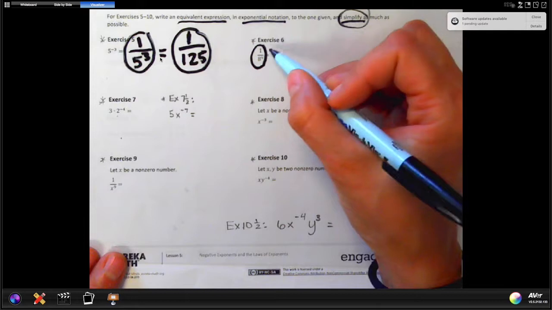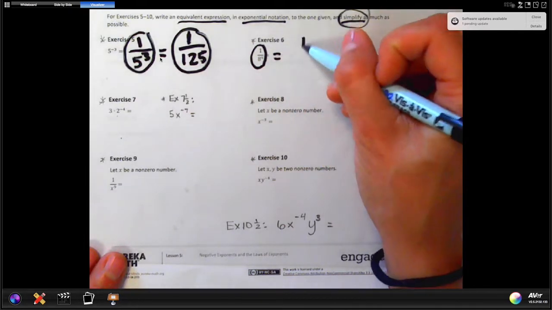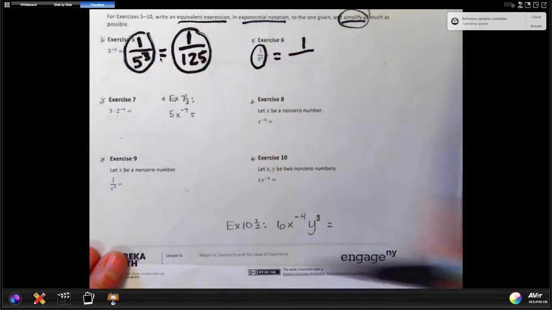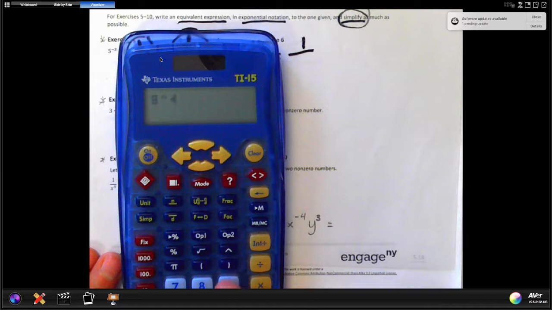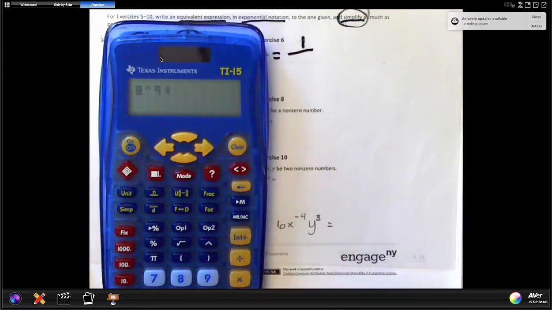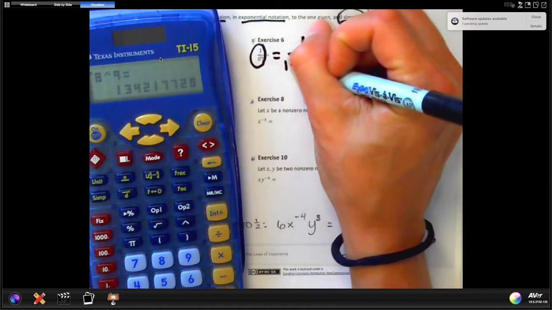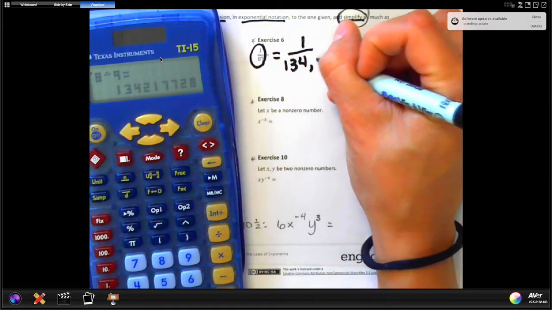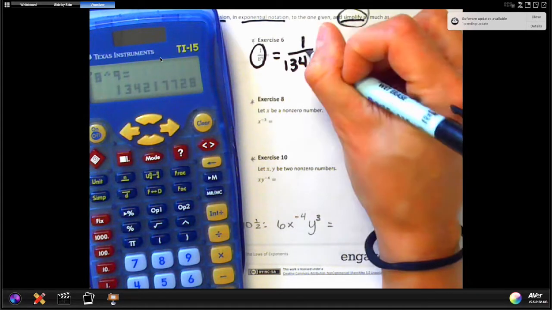The only thing we can do to go further is write it in simplified notation. So we would do 1 over, and we have to do 8 to the 9th power in here. So 8 caret 9, don't forget, that's 8 multiplied by itself 9 times. Wow, that's 134,217,728 as our denominator.